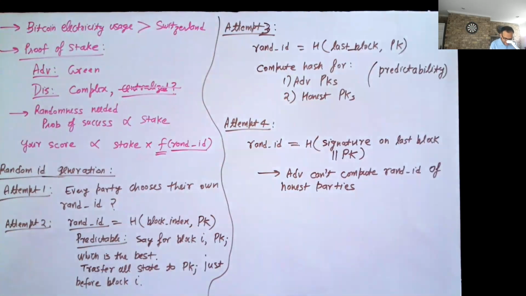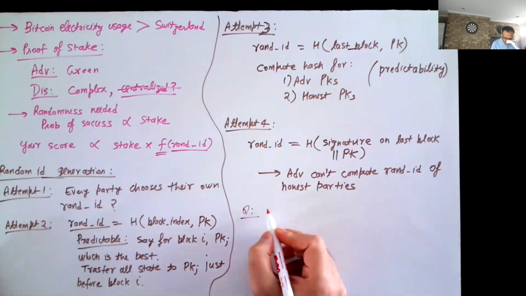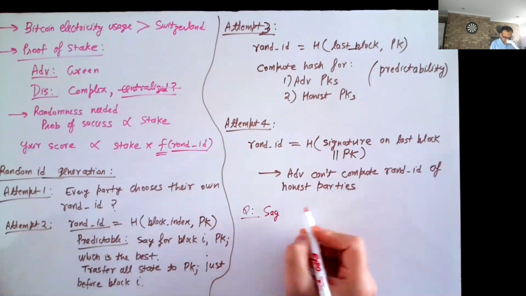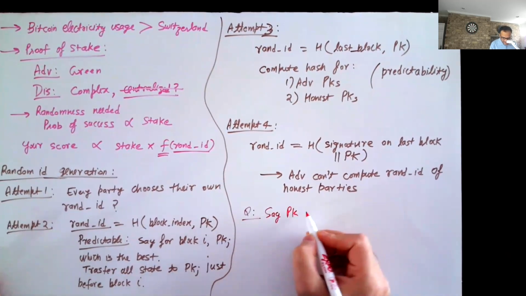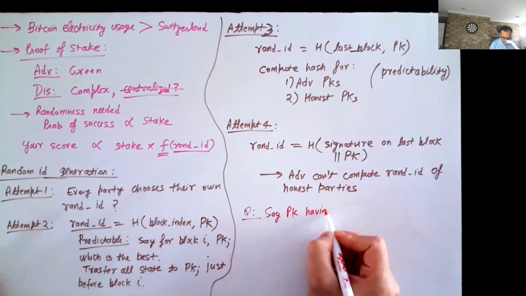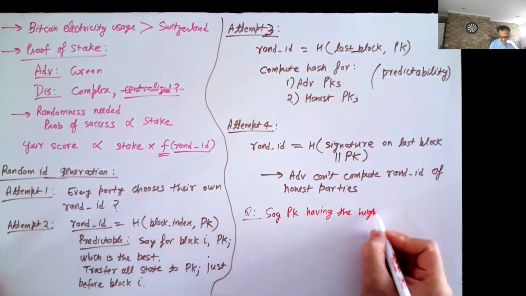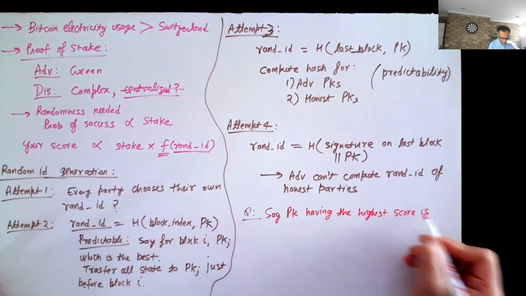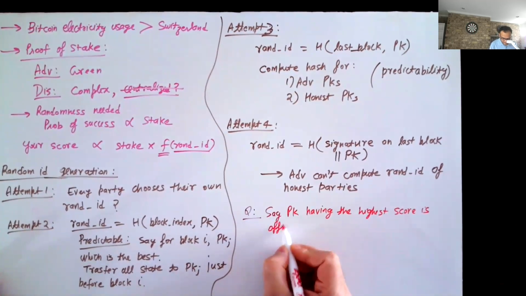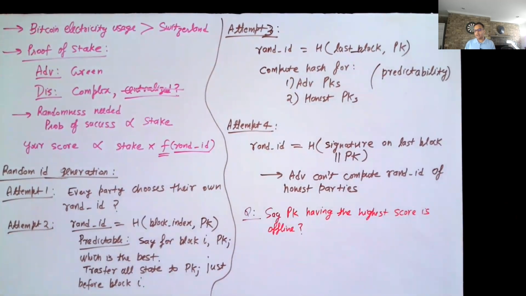The first question is, say the public key having the highest score is offline. So what happens in that case?